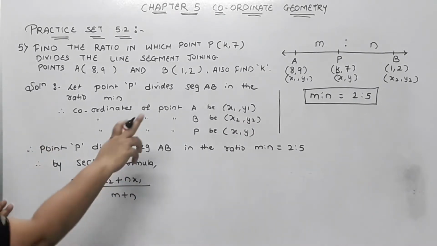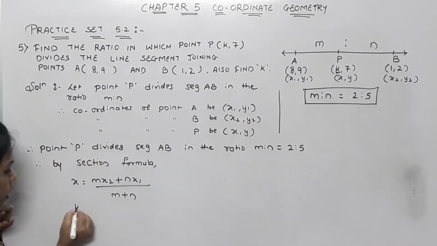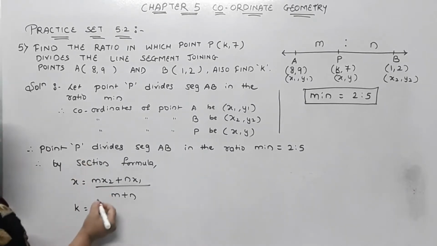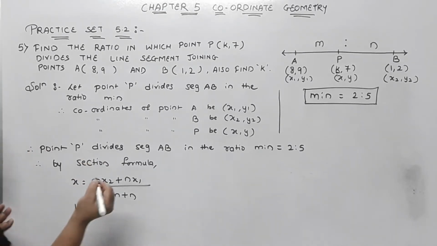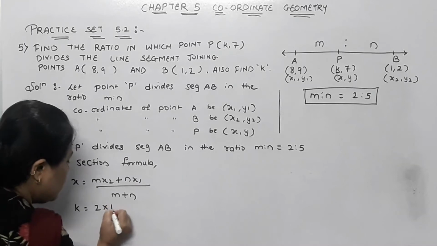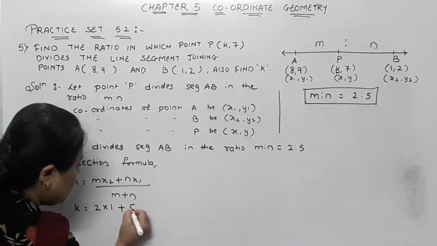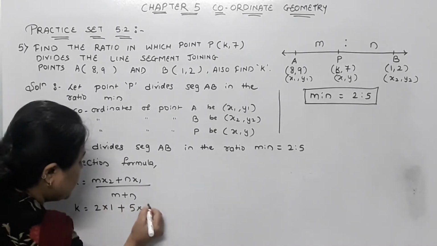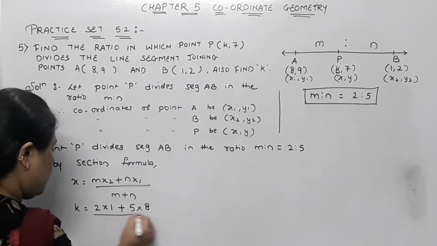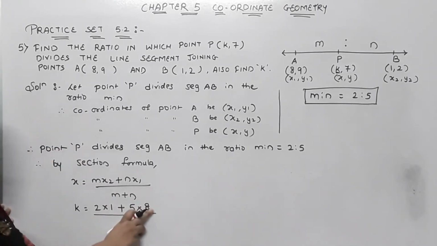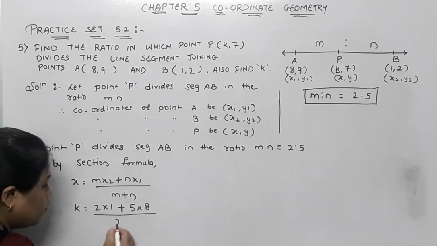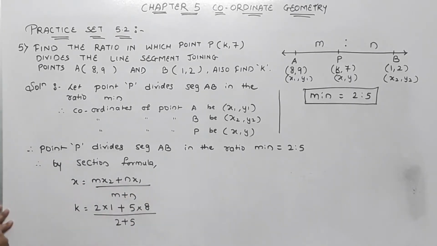Now value of x is k. So k equals to m is 2, 2 into x2 is 1 plus 5 into x1 is 8. x2 is 1 and x1 is 8, right? Then 2 plus 5 as m plus n.